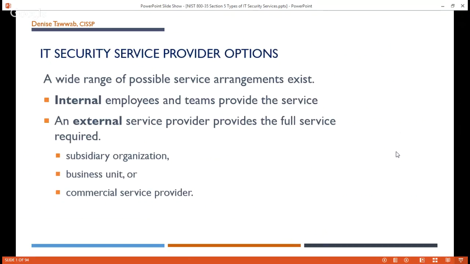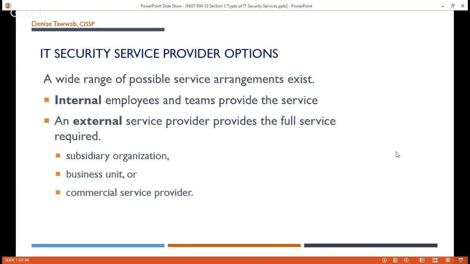Okay, there are a wide range of possible service arrangements. You can get the IT service internally from your employees or your team. They can provide the service in-house. Or you can procure IT security services from external providers. And that can look a number of different ways. You could buy those services from a subsidiary organization.